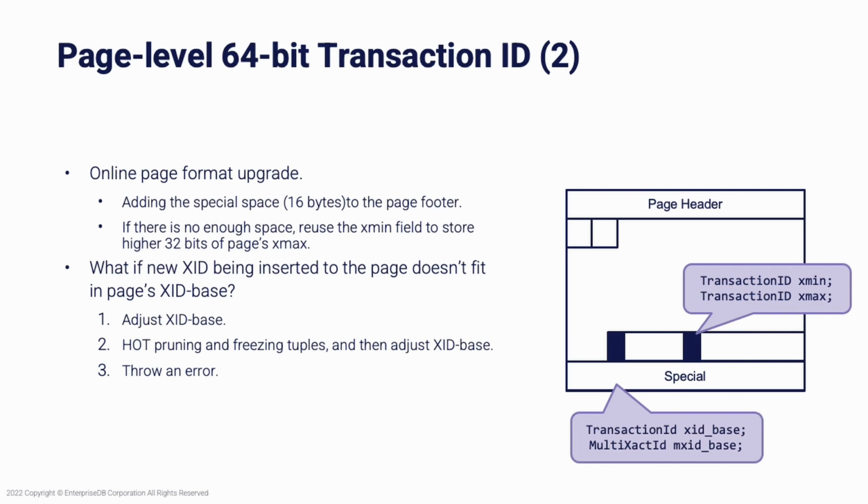If it's also impossible, throw an error. But that happens only when a transaction runs for a very long time, beyond 2 billion transactions. So yes, it still needs to freeze XIDs, but that would only happen when we are updating the page, in which case the page is dirty anyway, so it wouldn't cause any extra I/O, which is really good.